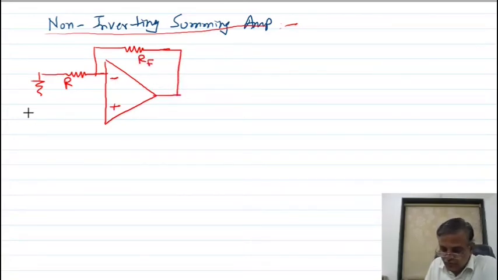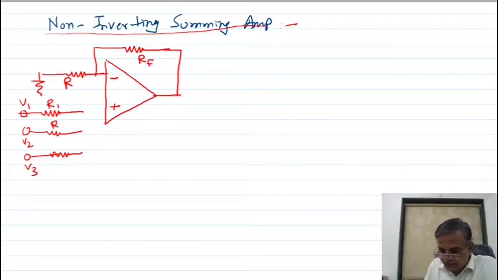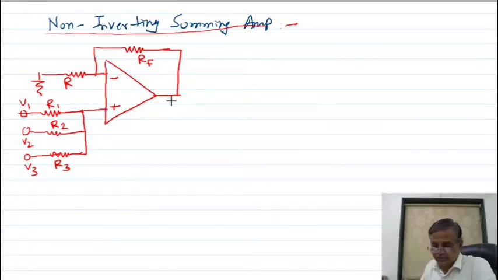So I am giving here this V1 voltage, say this is your V2 voltage, say this is your V3 voltage you are giving here, through R1, R2, R3, and this is connected to the non-inverting terminal, and here we want to find VO.